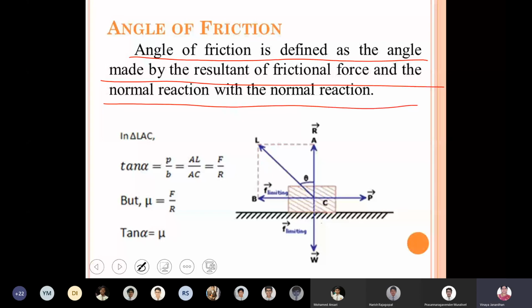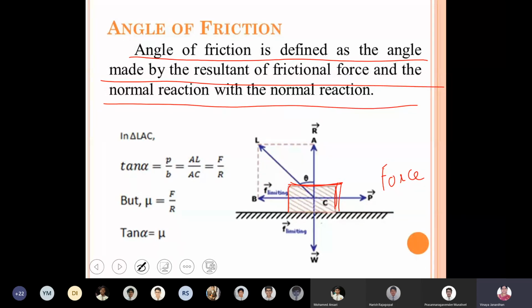Now you have a block on any surface, say on the surface of a table. You apply a force because you want to pull the block.